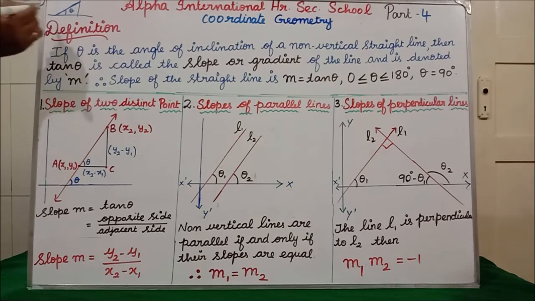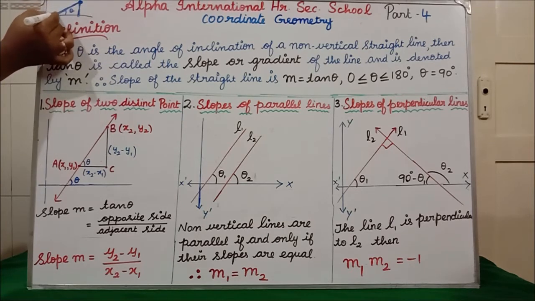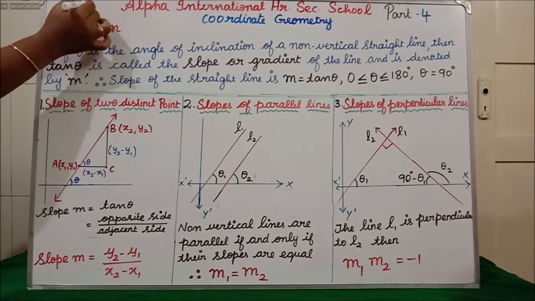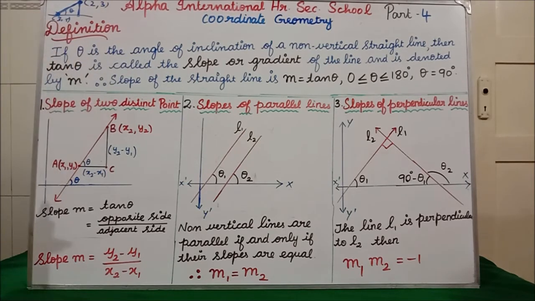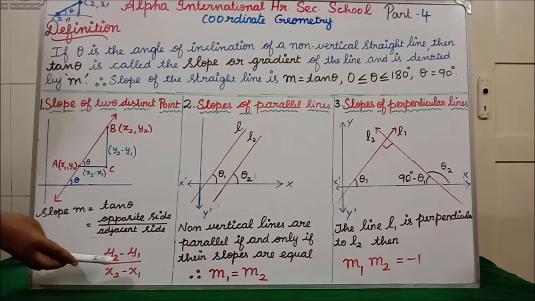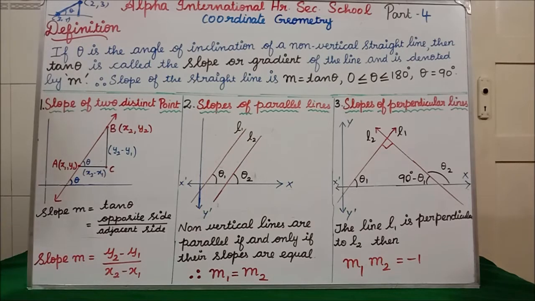Next we have still more formulas, which is the slope of two distinct points. Suppose this is the ladder, this is the wall, here one point is there and here one point is there, say 2 comma 3 and 3 comma 5. Two points are given, and we have to find the slope. The formula we use is slope m is equal to y2 minus y1 divided by x2 minus x1.